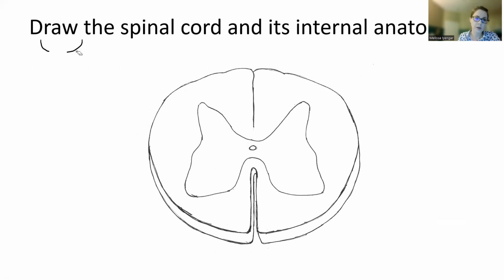This is probably not going to be the greatest drawing of all time, but maybe it will help you. So let's just say that this is the brain, where the skull is, and then we're going to see that the spinal cord obviously comes off of the brain stem here, and it's going to go through that giant hole that's in the skull, and that's the foramen magnum.